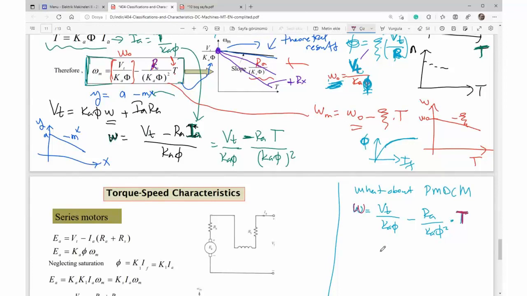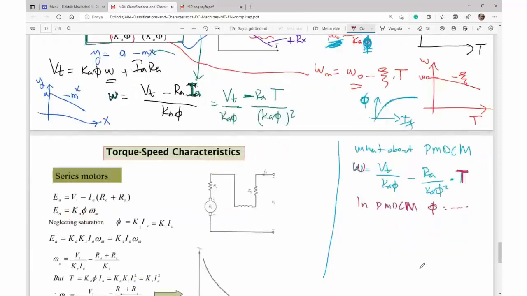In a permanent magnet DC machine motor, flux can be assumed constant. Generally, it is given constant, but you know, there will be some armature reaction, but it is a bit complex. It cannot be easily modeled.